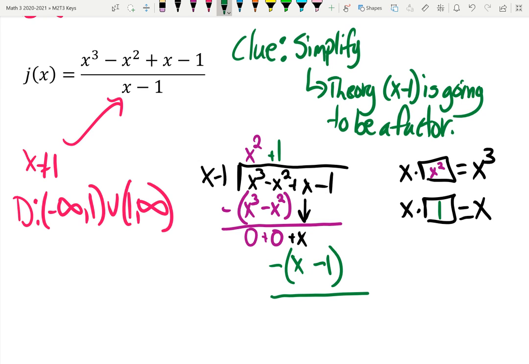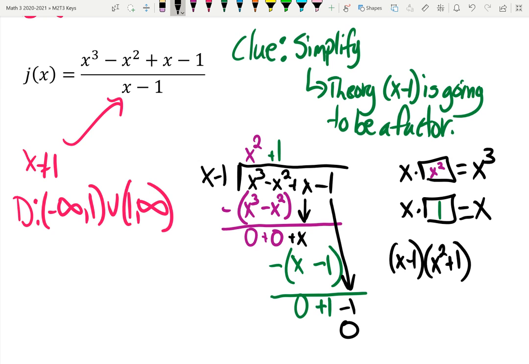And I'm going to be left with, after I distribute, 0 and a positive 1. I bring down my minus 1, and you can see how that makes 0. So essentially what we discovered is x minus 1 times x squared plus 1 is the same thing as the numerator.